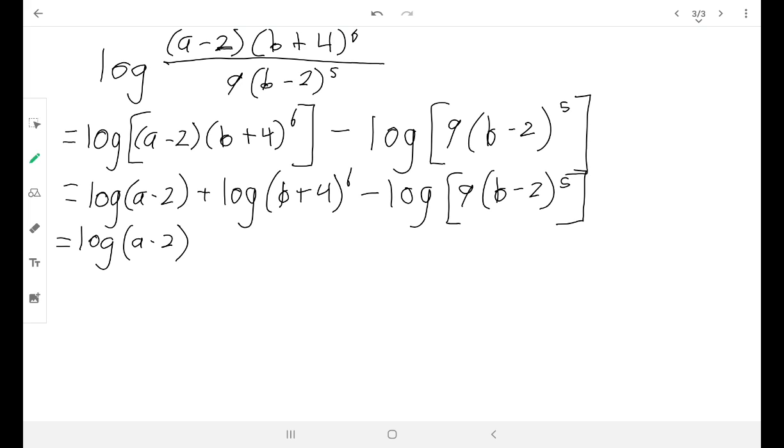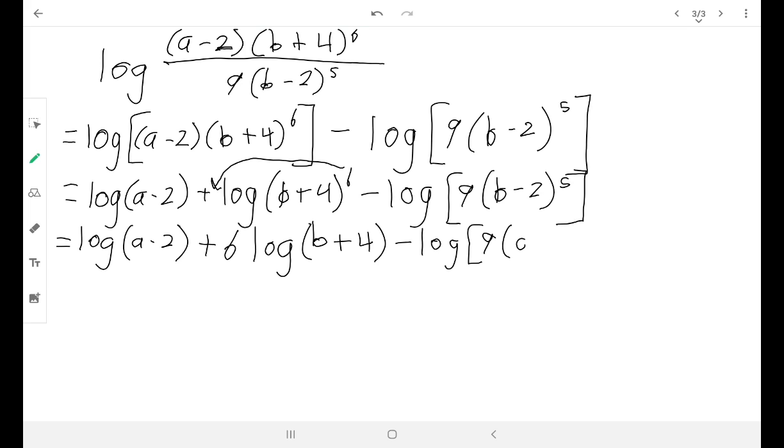So log of the quantity a minus 2 plus, and then I can move that 6 out to the front. So it'll be 6 times the log of b plus 4, and then minus log of all this junk over here.